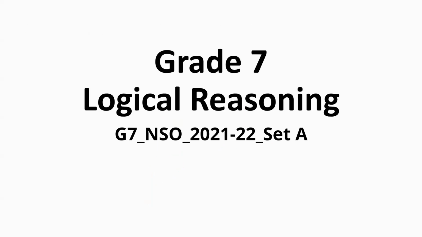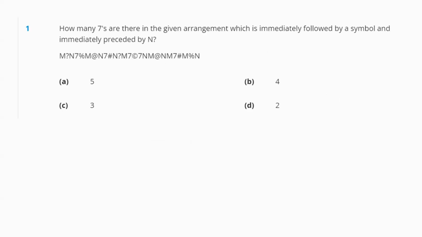Now we will be doing grade 7 Science Logical Reasoning NSO 2021-22 set A questions. Moving to the first question, it says, how many sevens are there in a given arrangement which is immediately followed by a symbol and immediately preceded by n?